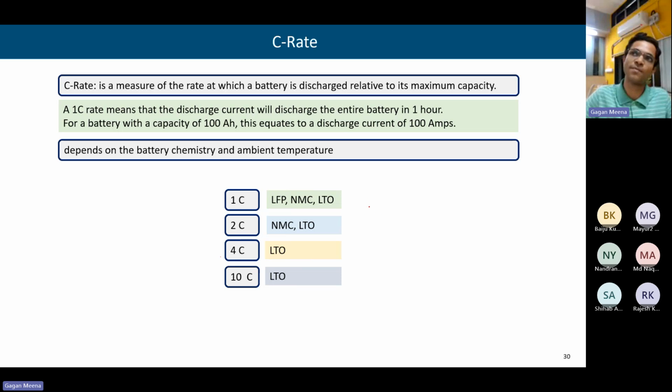In two wheelers, most batteries are around 0.2, 0.3C, because the more we increase this charging and discharging rate, the cost also increases. In electric two wheelers, cost is a problem.